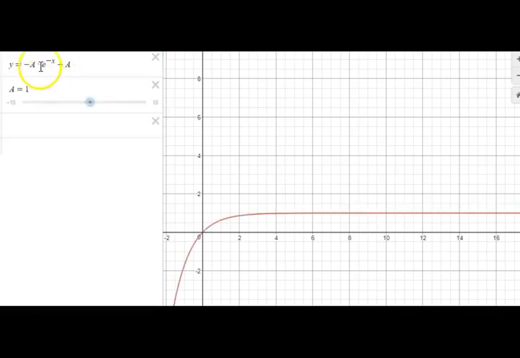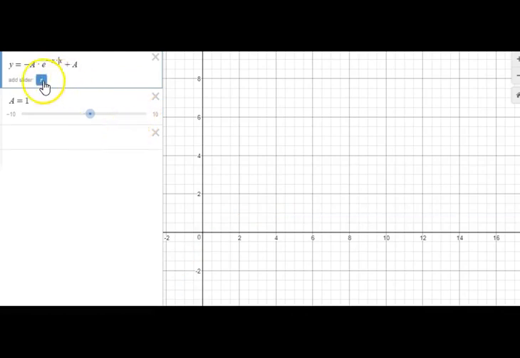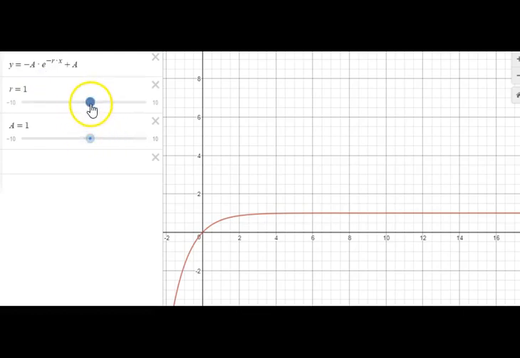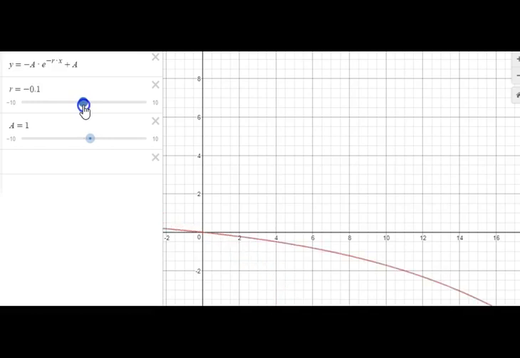Now, please notice that we can factor out a common value of A here, and if we're getting to our asymptote way too early, we can put in a rate of change. We can increase the rate of change, or we can slow down the rate of change and get there much more slowly. There we go.